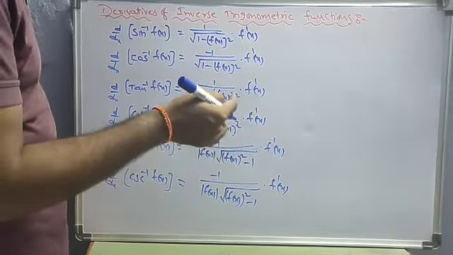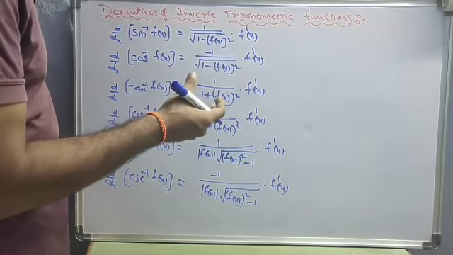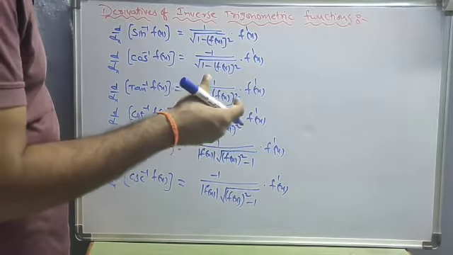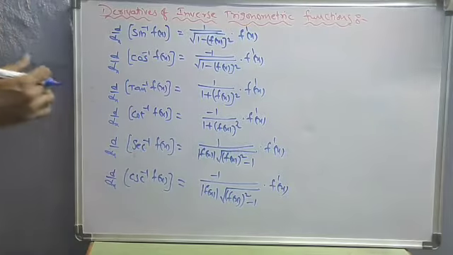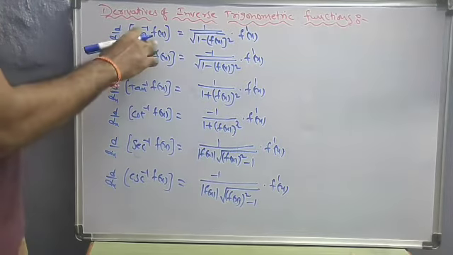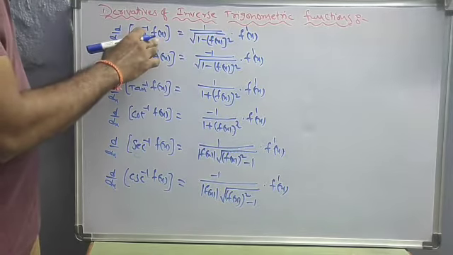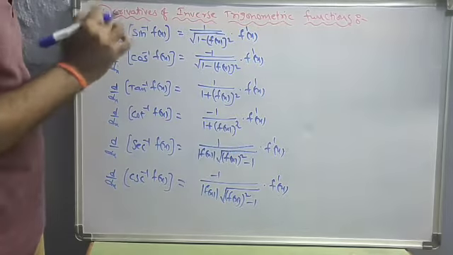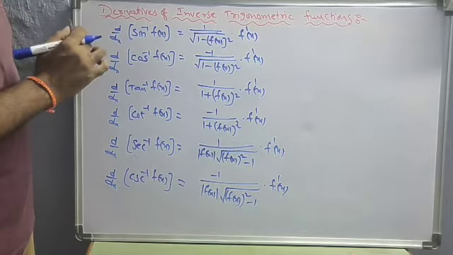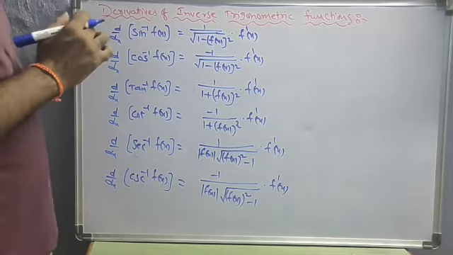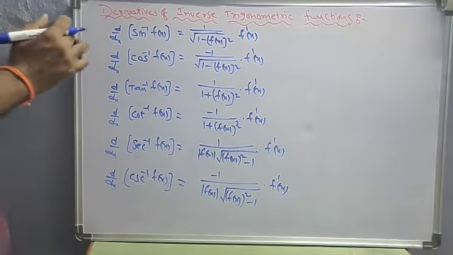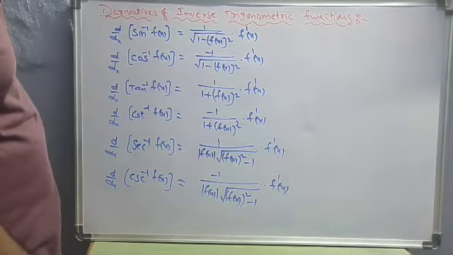If you substitute those values, we consider them as standard formulas. These are the generalized formulas. In the place of f of x, whatever you have, you just substitute like this. Understand? So these are the main formulas in the derivative of inverse trigonometric functions.